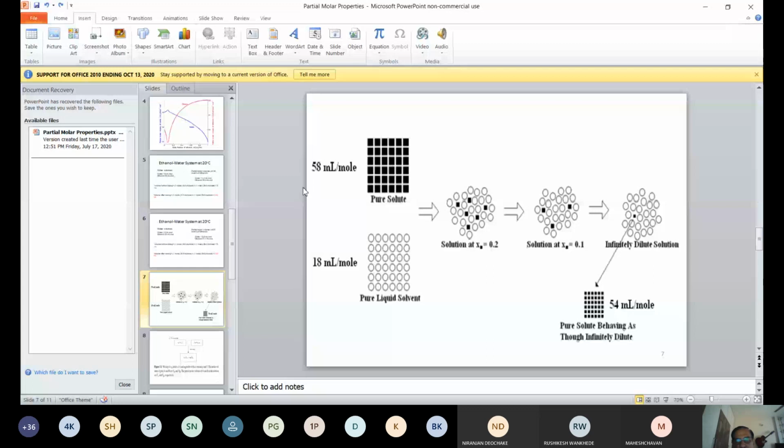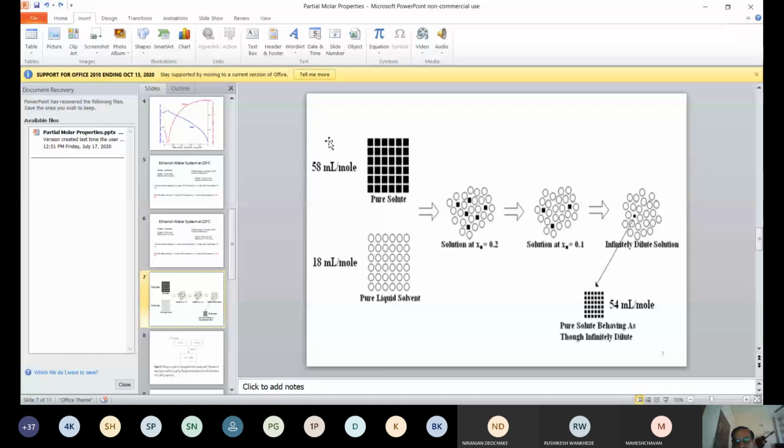As I said yesterday, this is pure ethanol, 58 ml per mole, and pure water, 18 ml per mole. If this is the solvent, this is the solute. If the solution is 20 mole percent ethanol in water, then the picture is something like this.